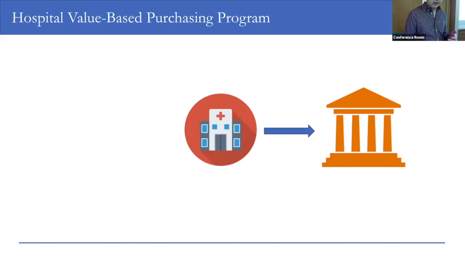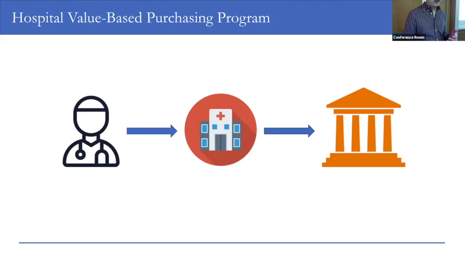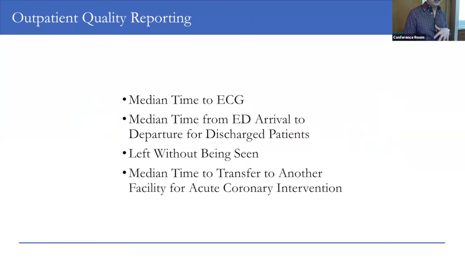The thing I want to emphasize here is that these metrics are ultimately based on what we as individual physicians do, even though it's the hospital that's receiving incentive payments. So in 2020, there are several different metrics split into outpatient and inpatient metrics, both of which contain metrics that are relevant to emergency medicine.